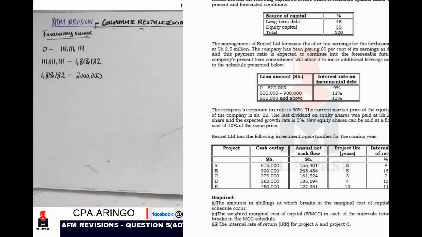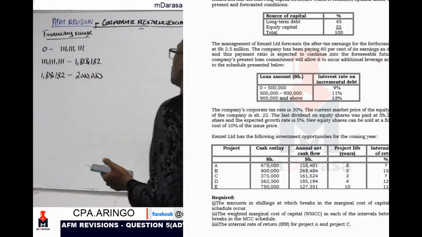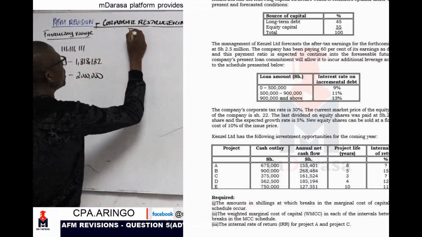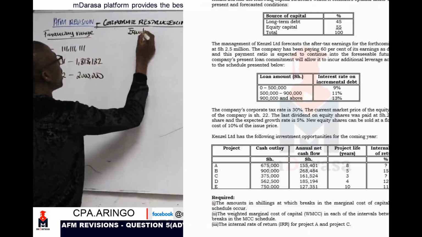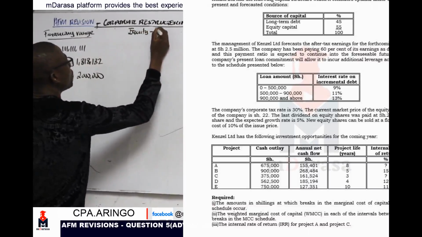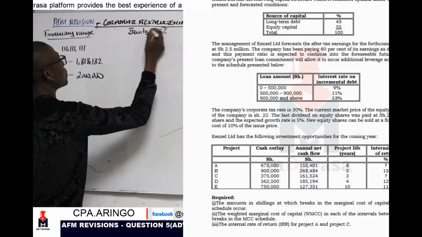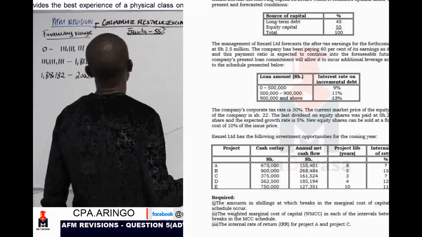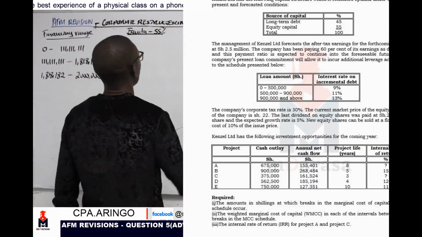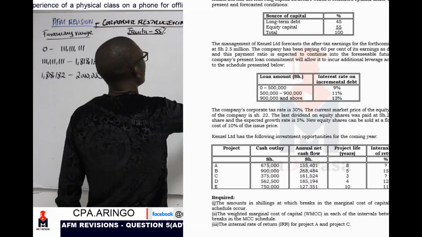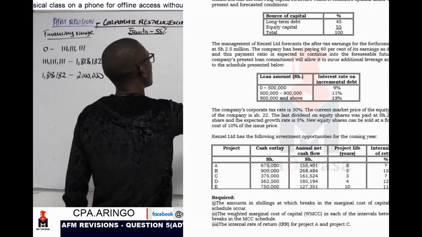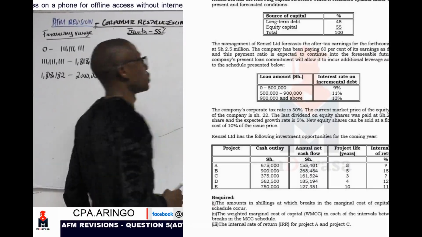Then, in this case, we had two components. Equity had a weight of 55%, whereas our other item, debt, had a weight of 45% as per what I was given.